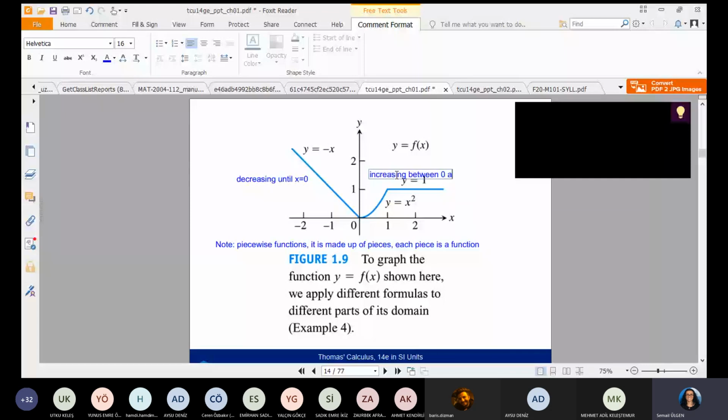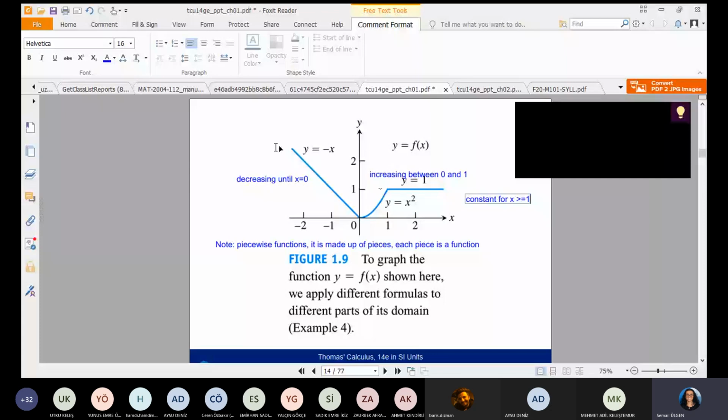It is constant for x greater or equal to 1. It's a constant function after that. The function is increasing between 0 and 1. It is decreasing until x is equal to 0.